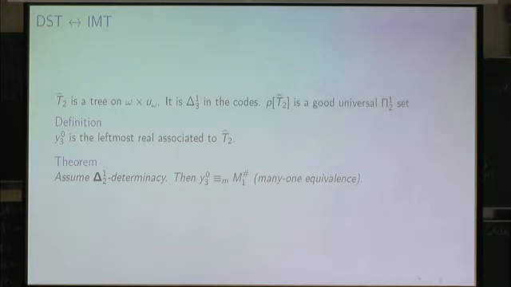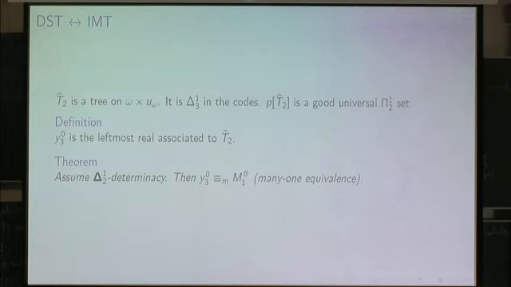So the importance of this theorem is that if you look at the definition of this real, it's defined out of the Martin-Solovay tree. It's just the leftmost real of a variant of the Martin-Solovay tree. And the Martin-Solovay tree comes from the EM blueprint formulation of sharps for reals.